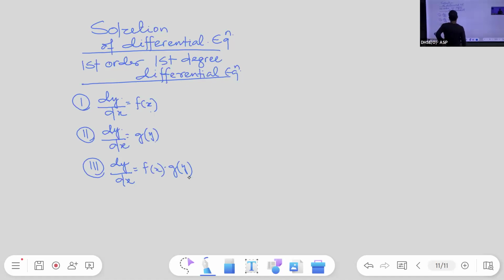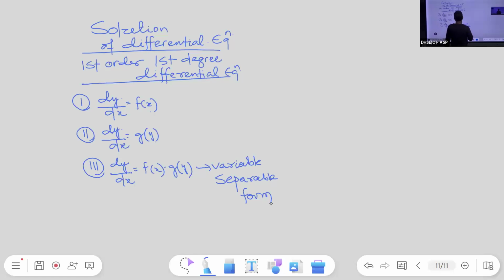If the differential equation is in the third form, it is known as variable separable form.